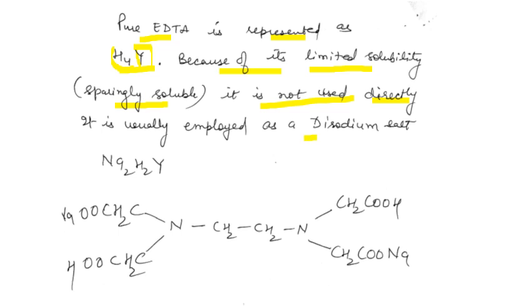Generally, we use the disodium salt of EDTA for the estimation of the hardness, which can be represented as Na2H2Y, having 2 sodium, 2 protons, and the rest of the group represented as Y. In the structure of the disodium salt of EDTA, 2 protons are replaced by 2 sodium, and the rest of the 2 protons remain the same.